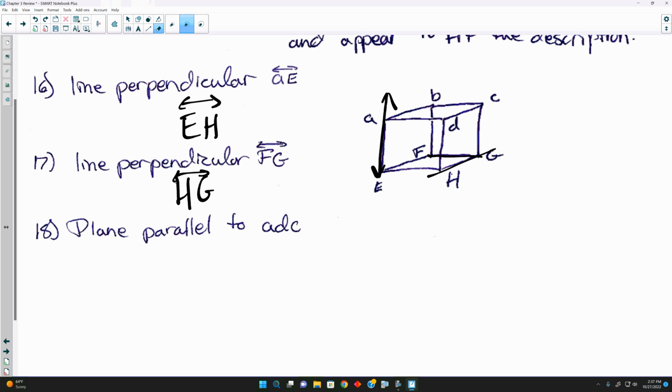Parallel to FG would be EH. And then parallel to plane ADC would be plane EHG, EFH, HFG, HEG, anyone that named that plane. And we need 3 letters to name a plane, 2 letters to name a line.